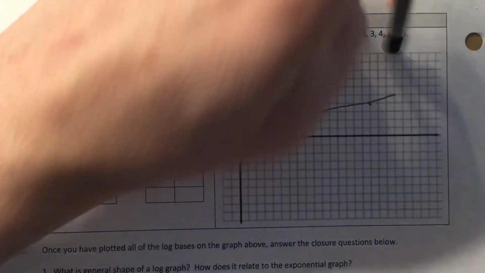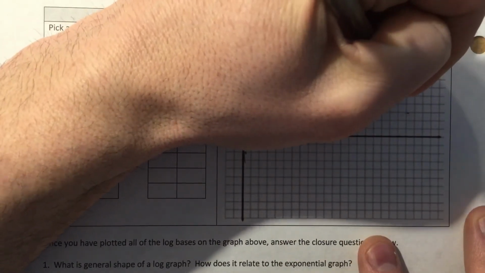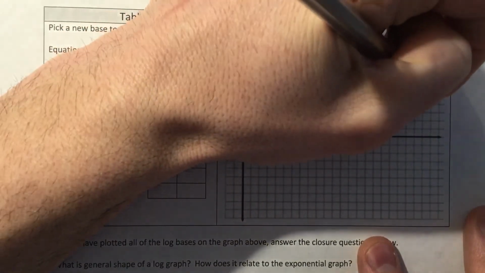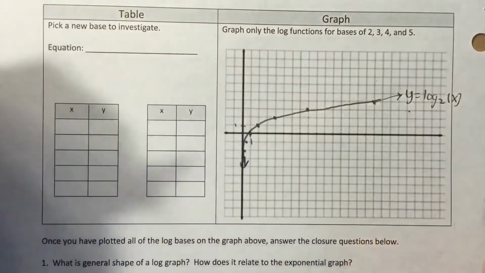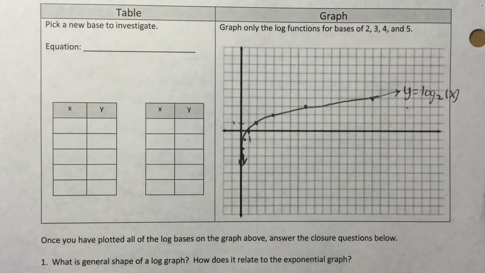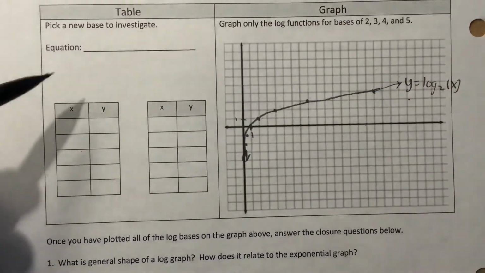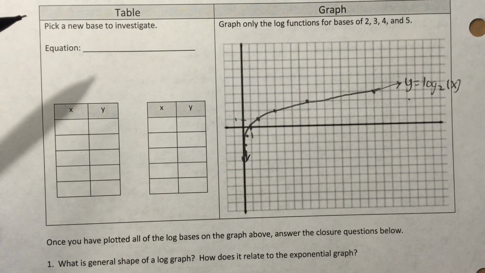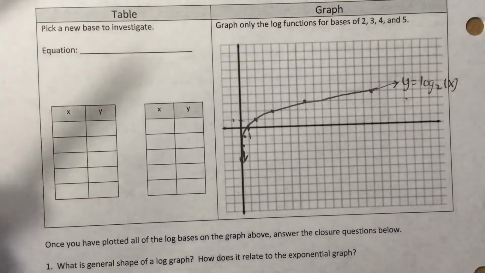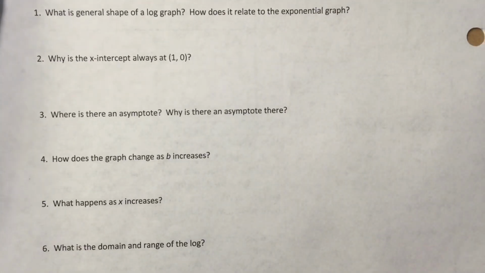So that is, again, the log base 2. We already did that. And label it. You may want to use different colors or just make sure they're labeled. So someone in your group will do log base 3, log base 4, log base 5. You can do your work here, and then the people in your group will just tell you the log tables, and you can write them off to the side and graph them. When you're finished, you're going to answer these questions.